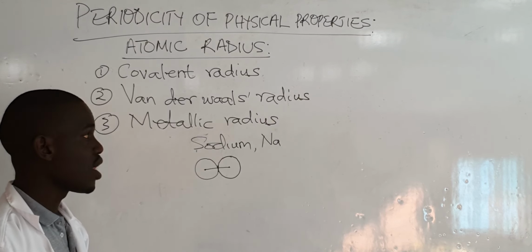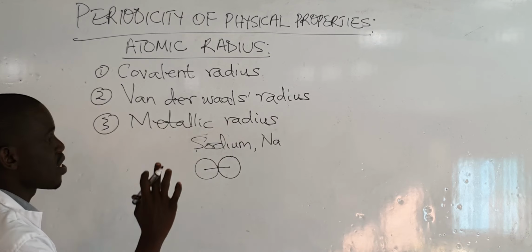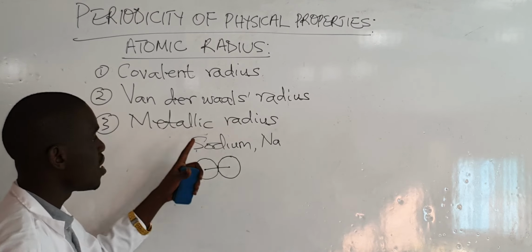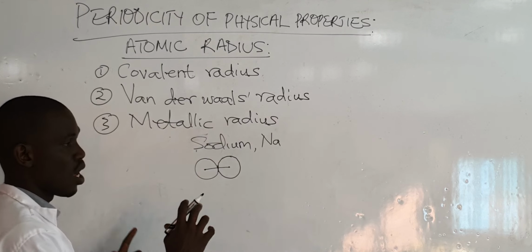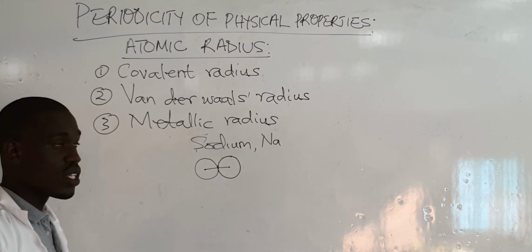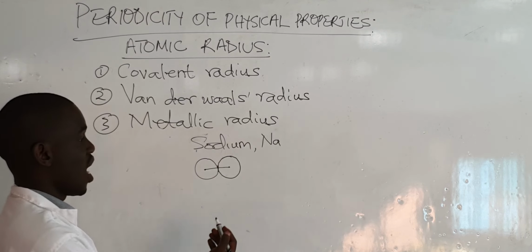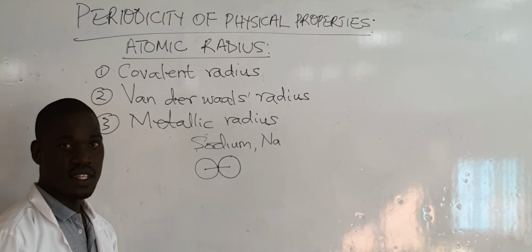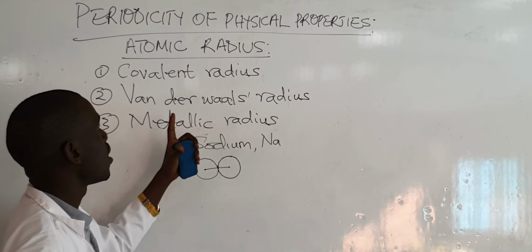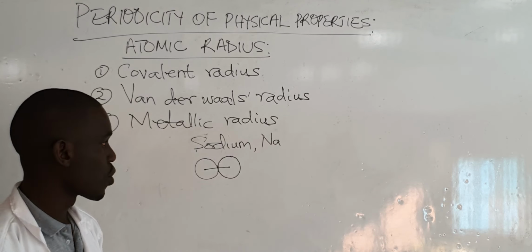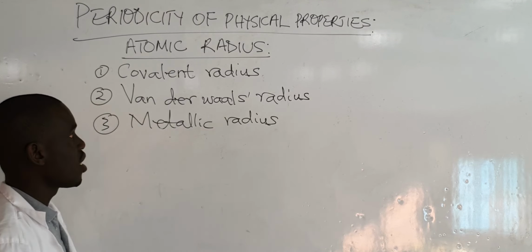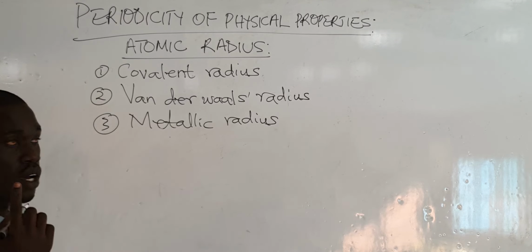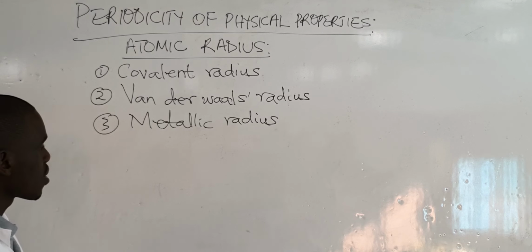So half the internuclear distance gives us the atomic radius. In metallic radius, we have two atoms of a metal which are adjacent to each other, and half the internuclear distance gives us the atomic radius. As I summarize, let us look at how the atomic radius varies across a period.